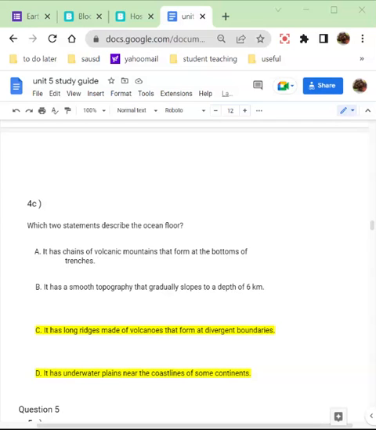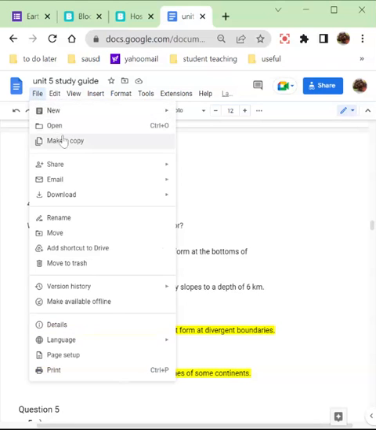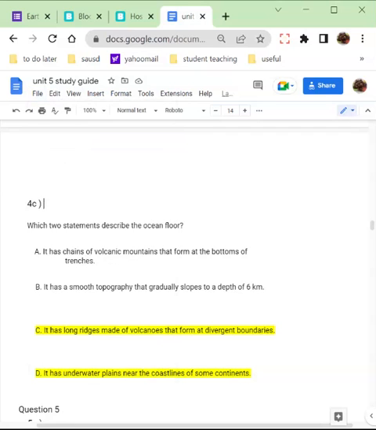I put the link in the chat for the blank copy. Just click File, then make a copy so that you have your own copy. These questions you went over last class with your group. Remember when you were put in groups and you tried to figure out what the answer was? So it could be something you've seen before already. That's why I'm going a little faster too.